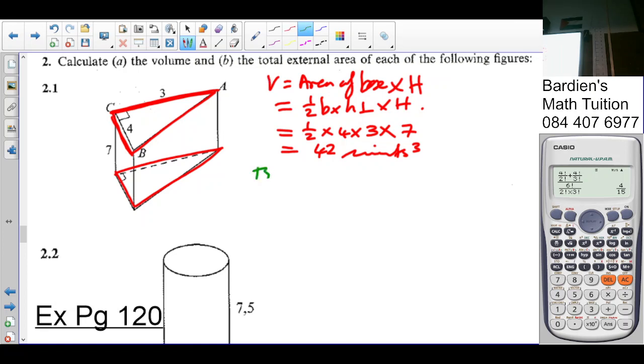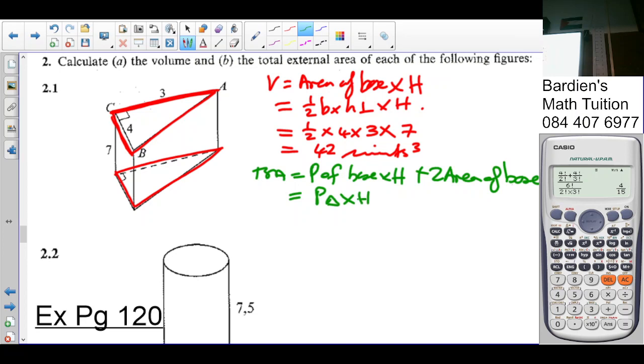So for the total surface area, it's going to be perimeter of base times height plus 2 times area of base. For a triangular base, it is the perimeter of the triangle times height plus 2 times the area of a triangle, which is half base times perpendicular height. So for the perimeter, I must add 3 plus 4 plus the length of AB, which I don't have.